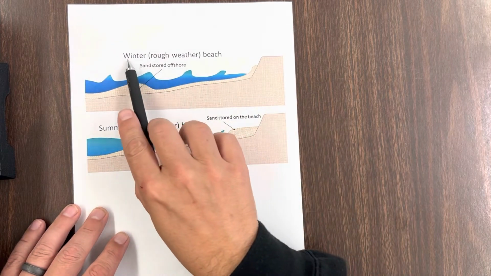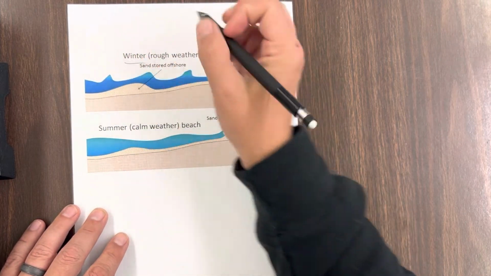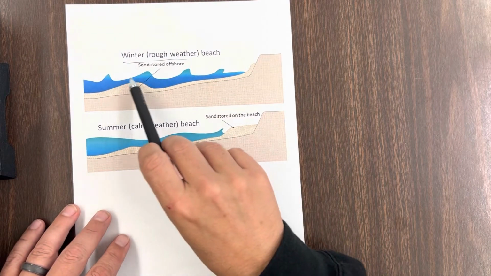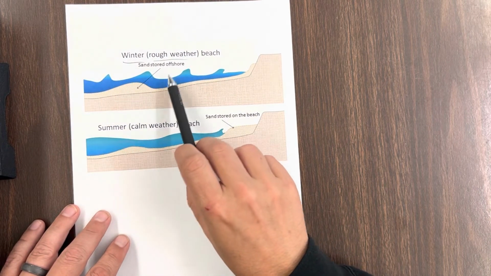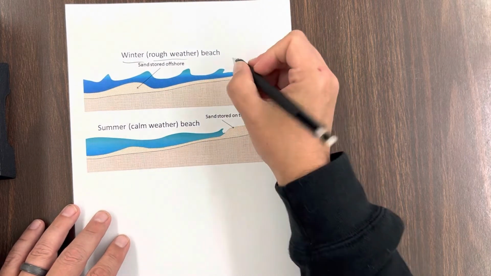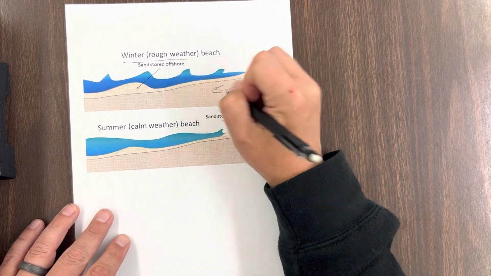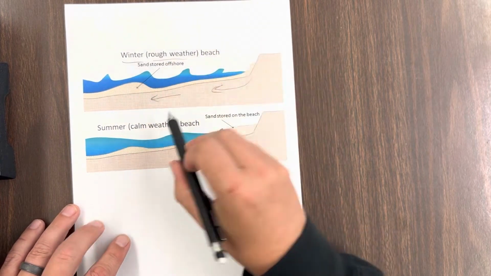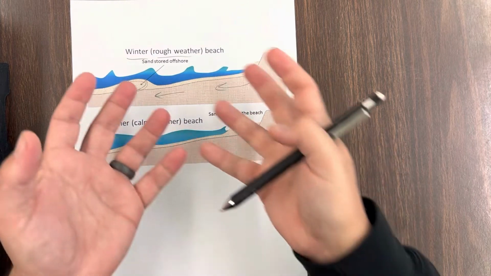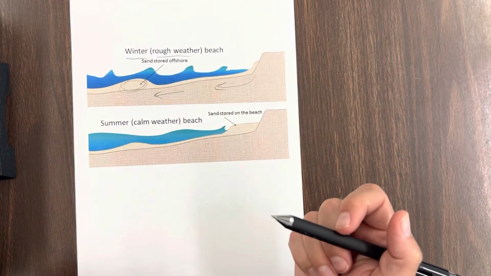One of the trends is that during winter, because you have rough weather, a lot of that rough weather and high seas and waves are going to erode the sand away. So that sand starts to wash out, and it kind of builds up a little bit offshore as it's been pulled out from the beach.